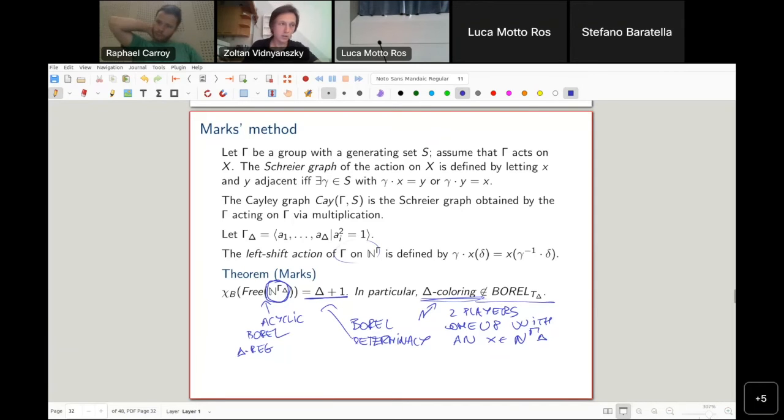Because of the Borel determinacy theorem, one of the players has a winning strategy, but then you use the player's winning strategy against itself somehow, and then you get a contradiction. So this is a very high level idea of the proof. And what we wanted to do is to push down this Borel determinacy idea to the local model.